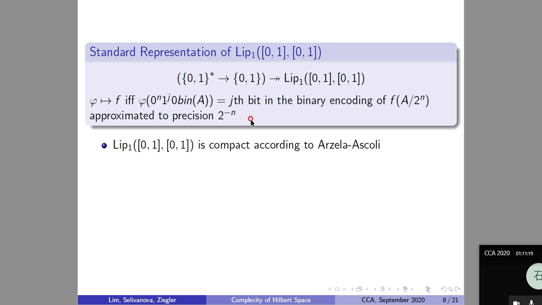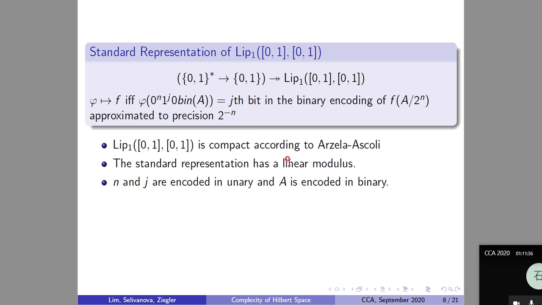And this space is compact. The space of Lipschitz functions is compact according to Ascoli. And this representation, like in the case of the signed binary representation, has a linear modulus.